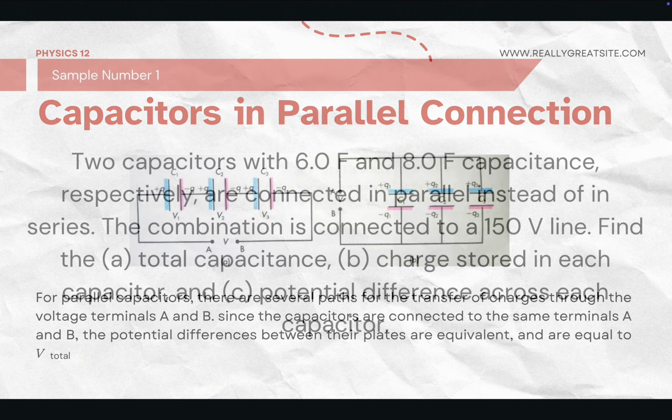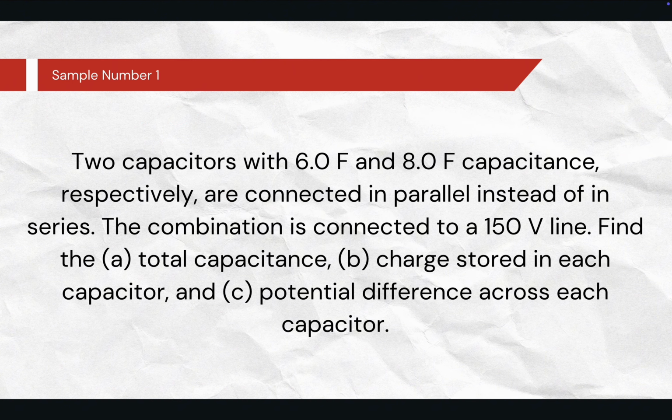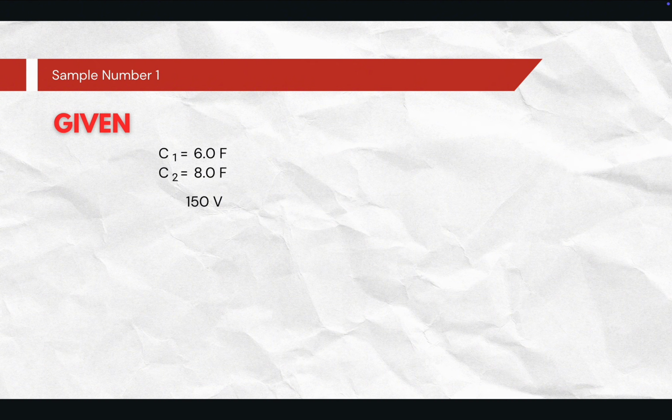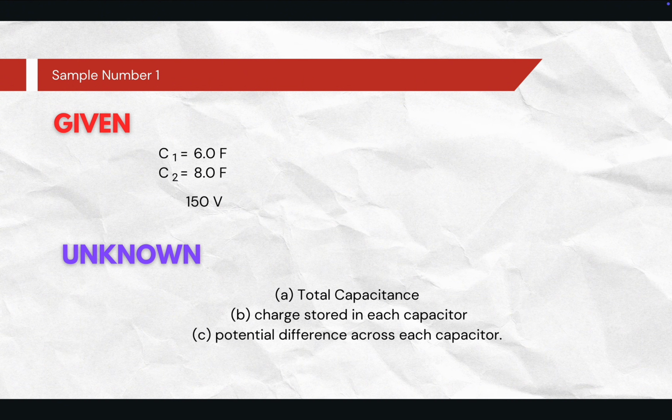So, to start the parallel, two capacitors, 6.0 F, 8.0 F. And then, 150 volt. Yan yung given. Tapos, same lang sila ng hinahanap, total capacitance, charge stored, and potential difference. So, given ulit, unknown, hinahanap.